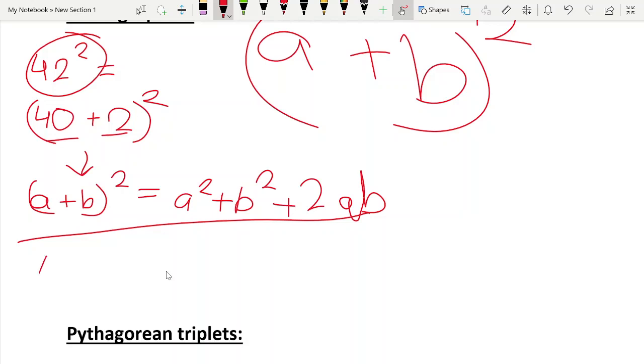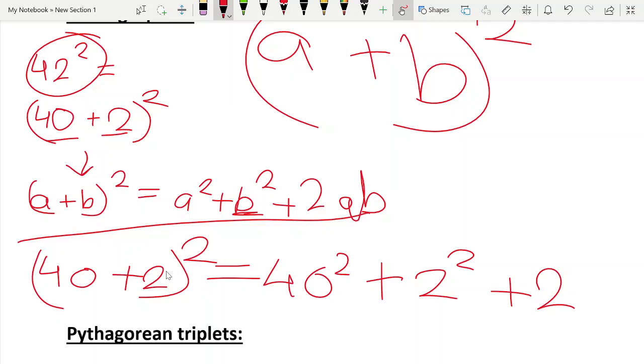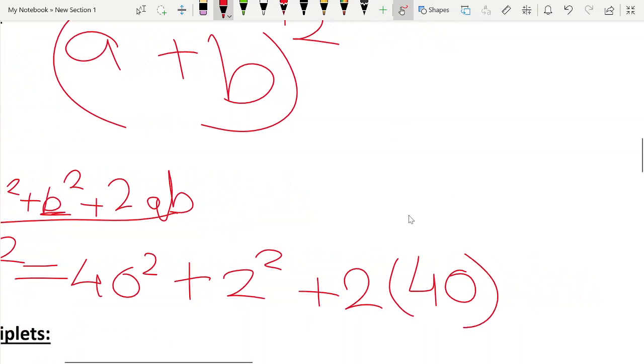So 40 plus 2 whole square. Now let's think that 40 is a and 2 is b. So it is equal to 40 square plus 2 square plus 2 times 40 times 2. 2 is a number, so it's not a variable, so we're going to keep it 2.